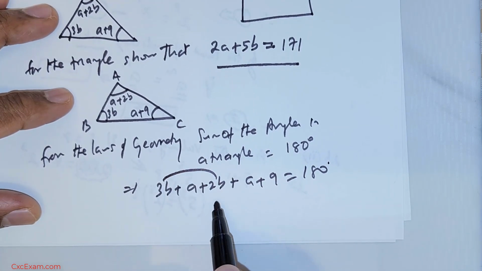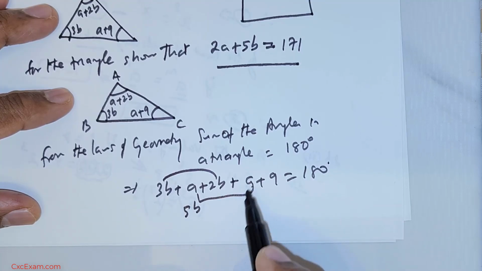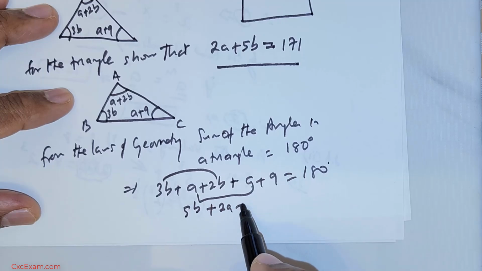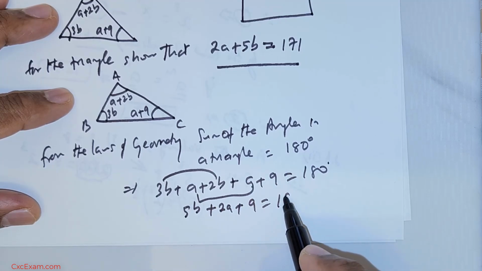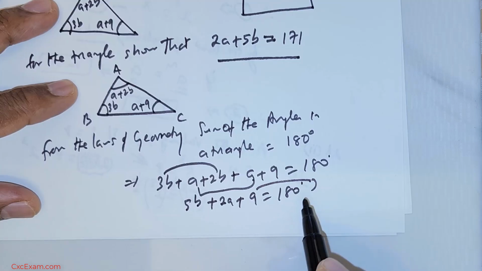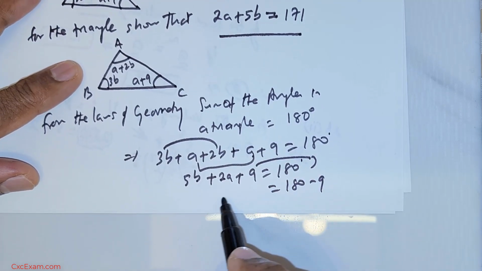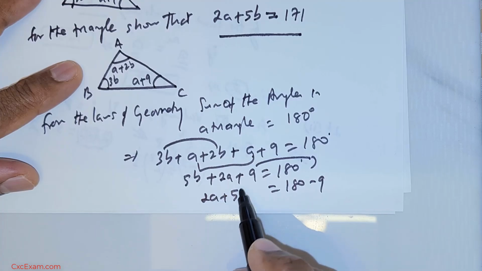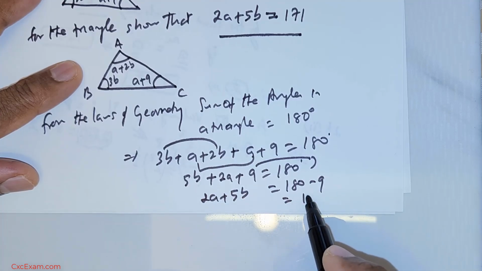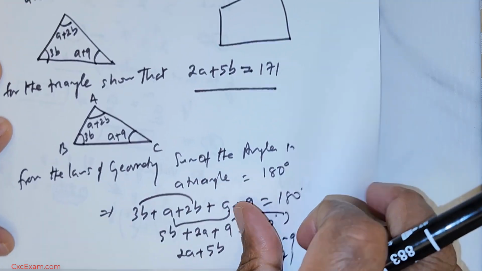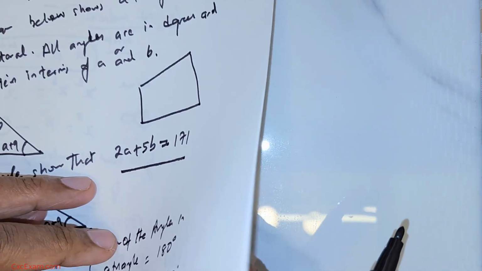You add 3b with 2b, that's 5b, and a with a, that's 2a, and you have a 9 that is equated to 180. Move this 9 to the other side, 180 negative 9. So you have 2a positive 5b is equal to 171. So we are expected to solve that.